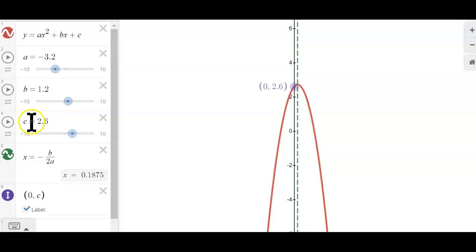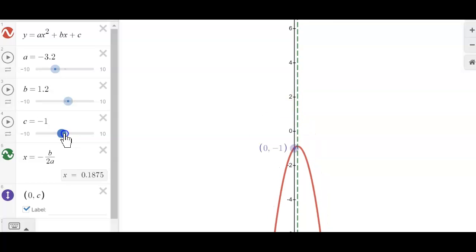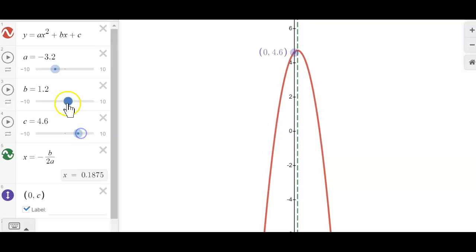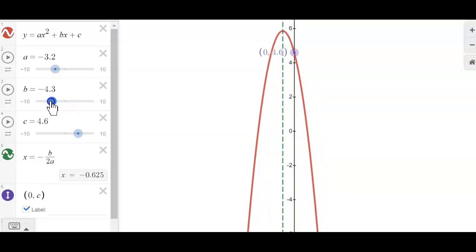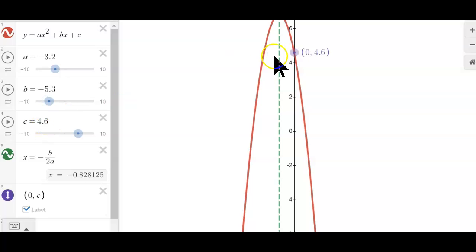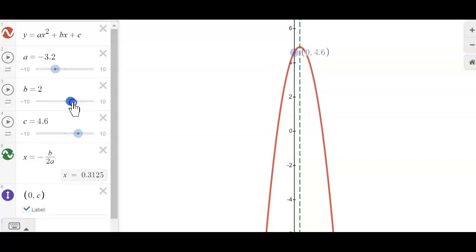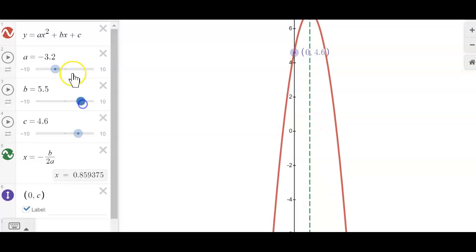So pay attention to this number and to this number at the same time, as I move these, and as I move these. Again, pay attention to the c value here and the y value here. The c value is still the c value as I move this one.